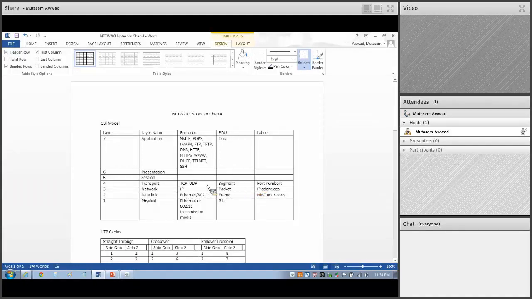Then these segments are given to the IP protocol at layer 3, and the IP protocol places those segments into packets, and on the packets you place the IP addresses, the source IP and the destination IP address.